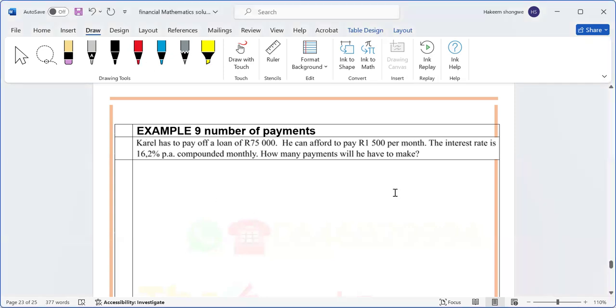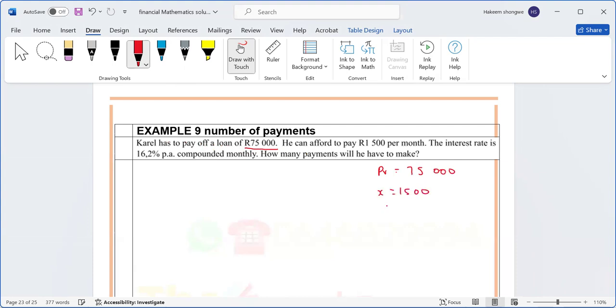Let's collect our data first. We have the present value. He wants to pay up a loan of 75,000, so that is going to be our present value. And then we have X, which is going to be 1,500.